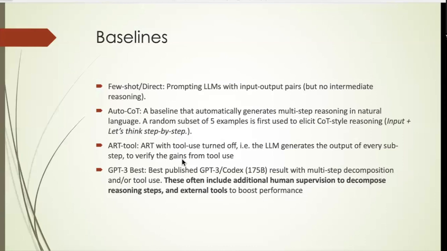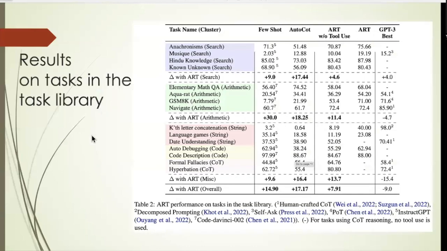So basically, they want to see, okay, with this fully automated prompting process, how is that compared to the best state-of-the-art results with human crafting and manual external tool use at that time. So basically, they compare to the state of the art. So this is the result they report.